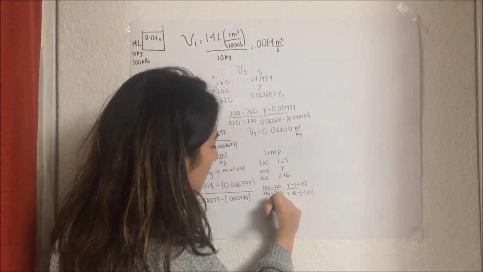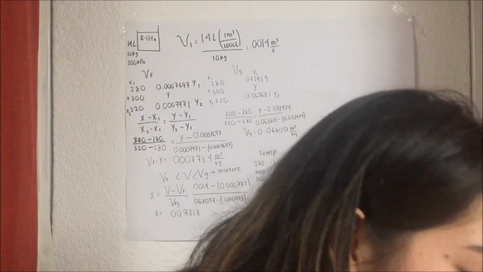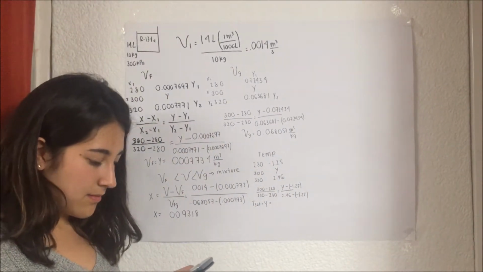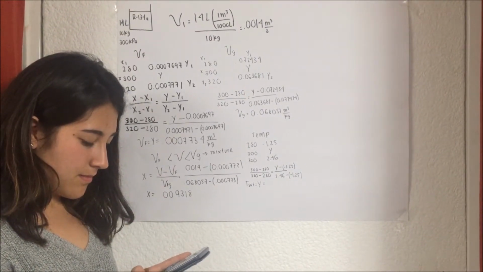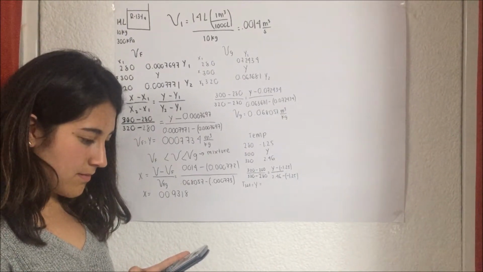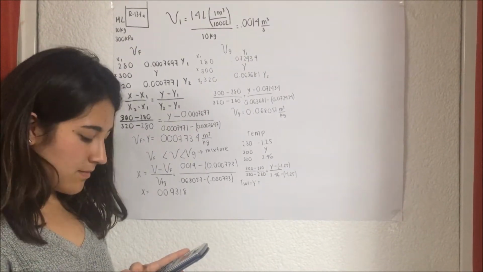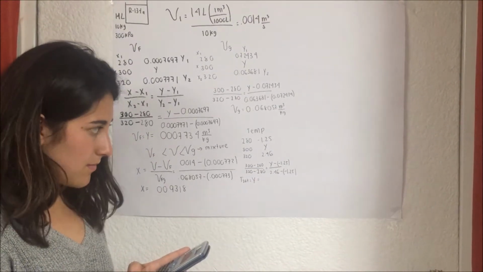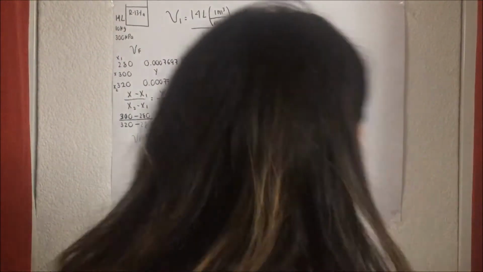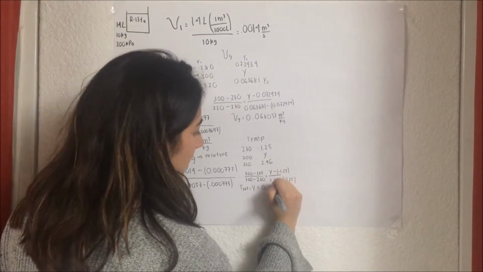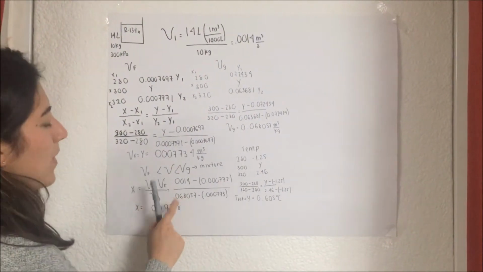So our y, which is the Tsat, equals 0.605. So this is for part 1.